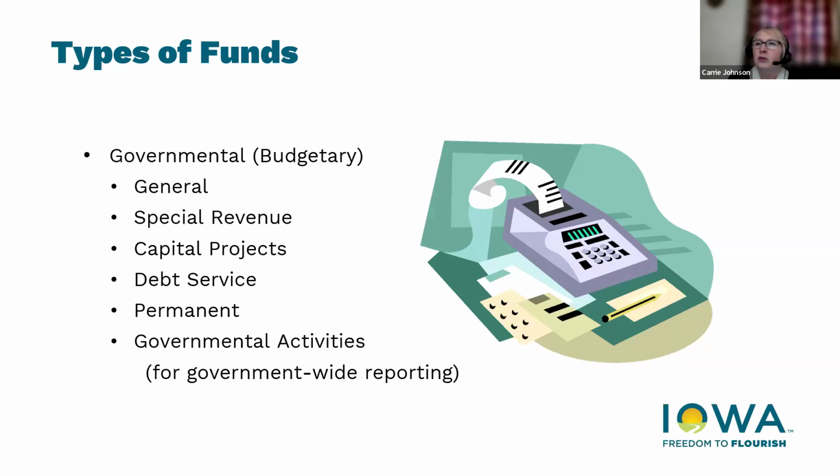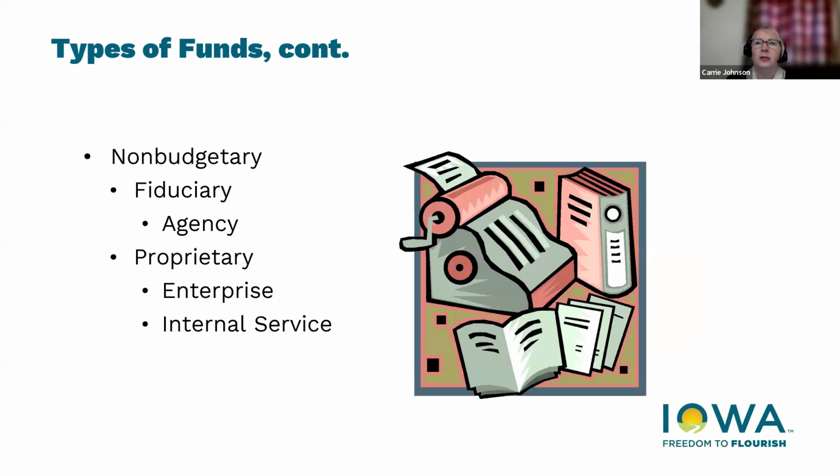So you have general funds, special revenue, capital projects, debt service, permanent funds, and governmental activities, which is really referring to government-wide reporting. That usually comes into play when you look at your financial reporting via your audit.